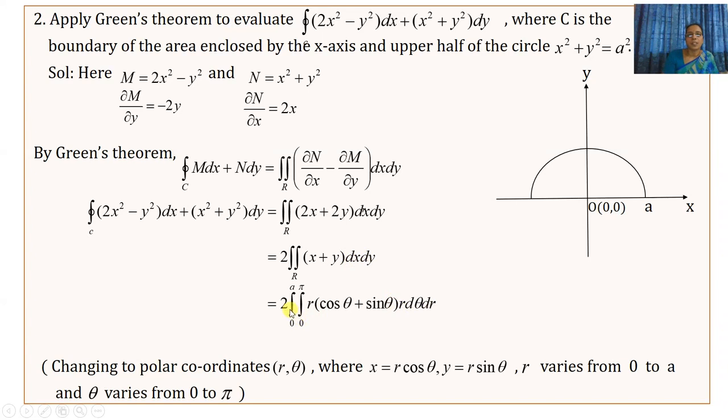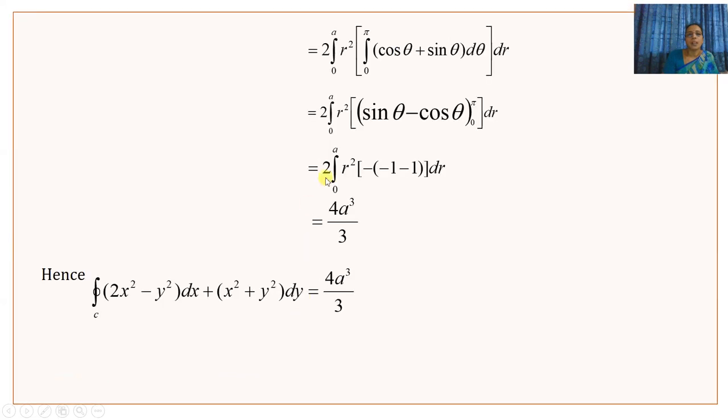Therefore 2 into the integral from 0 to a of r², which is a constant with respect to θ, into the integral from 0 to π of (cos θ + sin θ) dθ dr. So first integrating cos θ + sin θ with respect to θ, it is sin θ, and the integral of sin θ is −cos θ, between the limits 0 and π. Substituting π as well as 0 in place of θ, sin θ becomes 0.